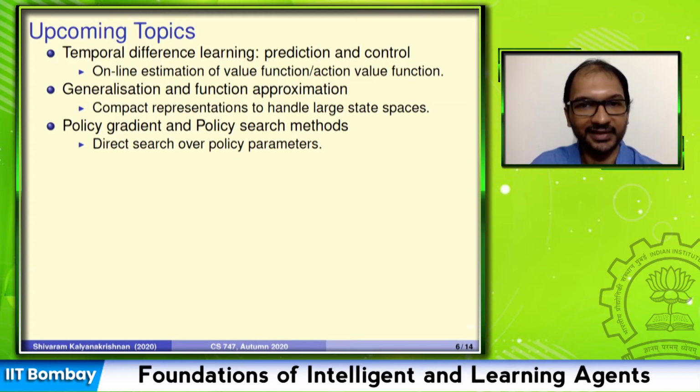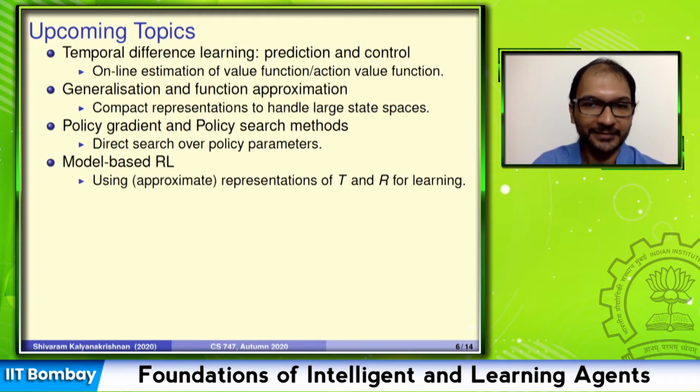There is some theoretical basis and a lot of empirical support to say that you might be better off in some situations by directly searching over the policy parameters. You set up the policy as a parameterized function and see which parameters give you policies that are able to give you lots of reward without, as an intermediate step, estimating the entire value function of the policy. So we'll look at policy gradient methods.